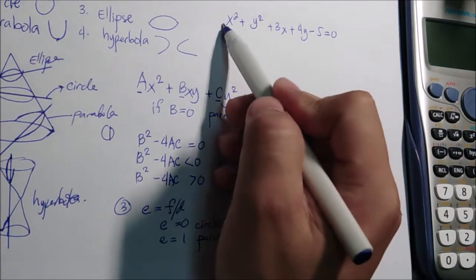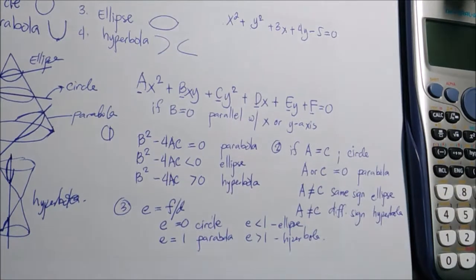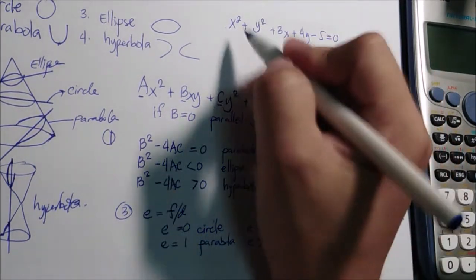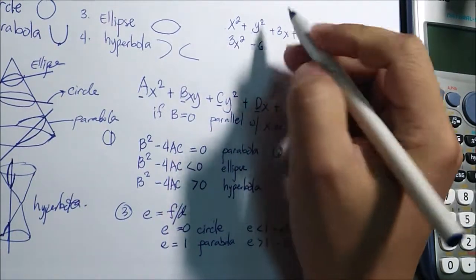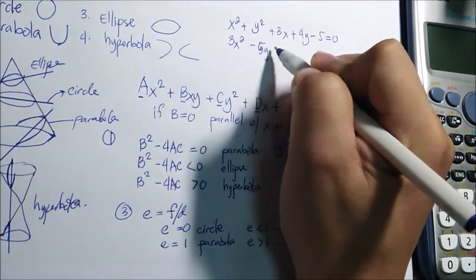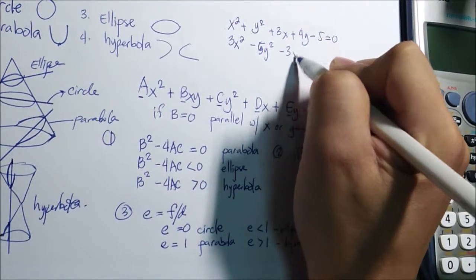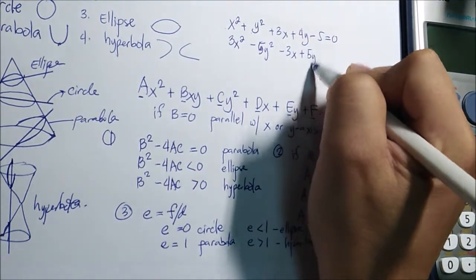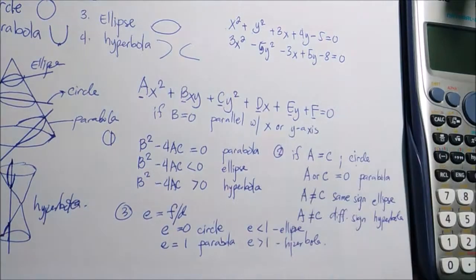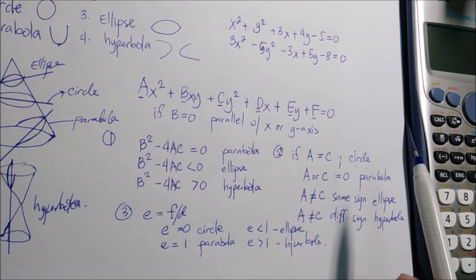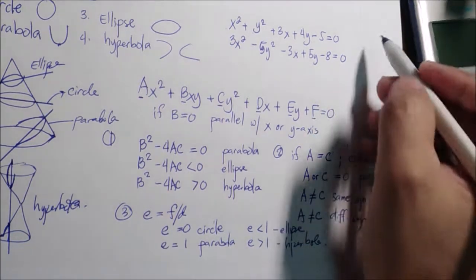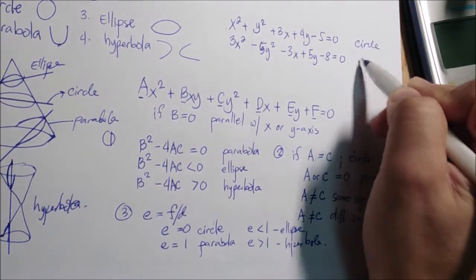The values of a and c are equal. Now for example, if we have 3x squared minus 5y squared minus 3x plus 5y minus 8 equals 0, this equation is a hyperbola. This is a circle and this is a hyperbola.